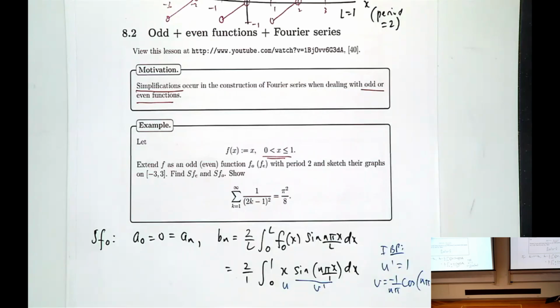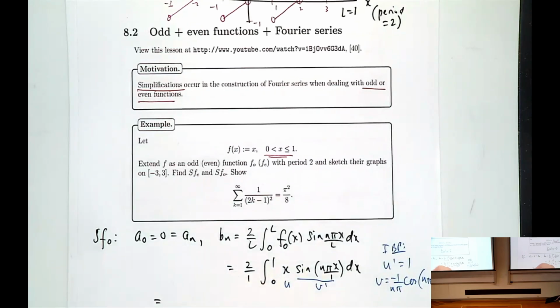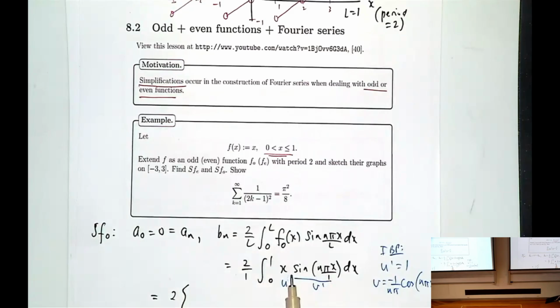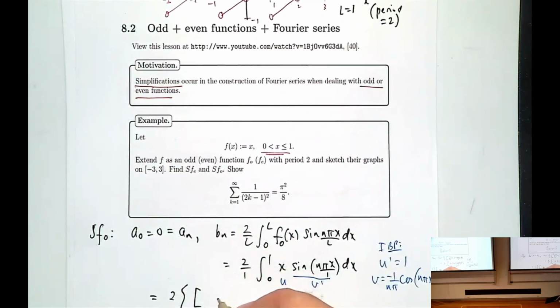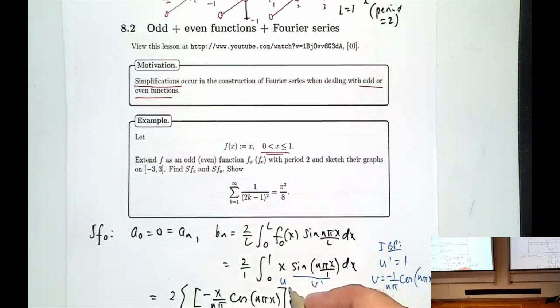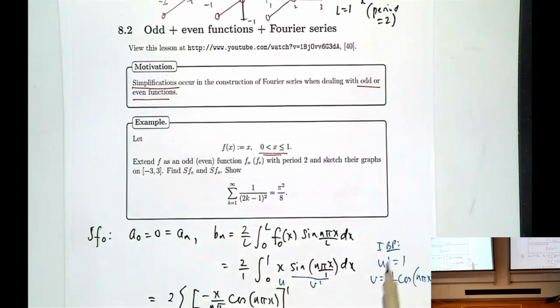Okay, so integrate by parts. It's u times v minus the integral of the product of the two things that you just thought of.